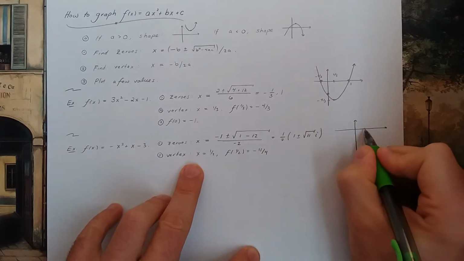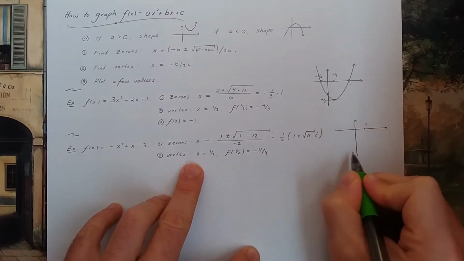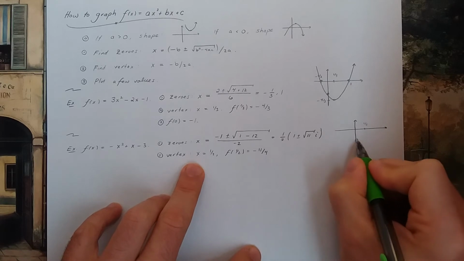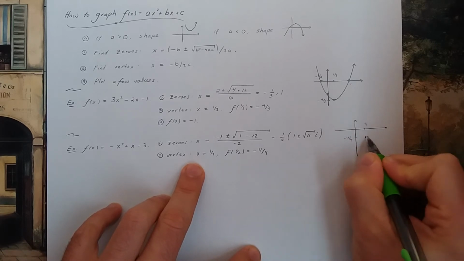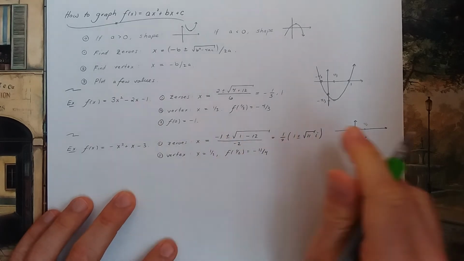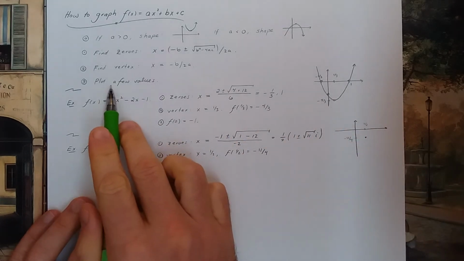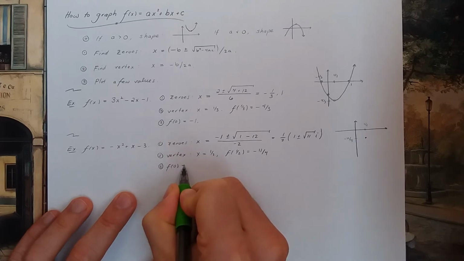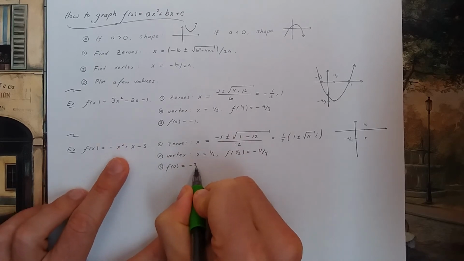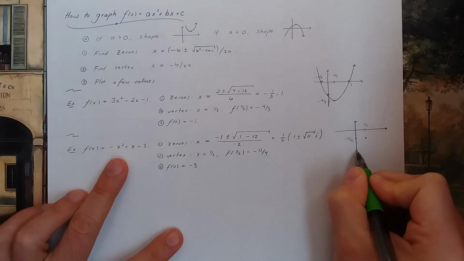If I plug in 1/2 here, I get negative 11/4. So there's my vertex. And in this case, it really is a good idea to plot a few more values. So I'm going to plug in x equals 0. If I plug in 0, I get negative 3. So here at 0, I'm down here at negative 3.